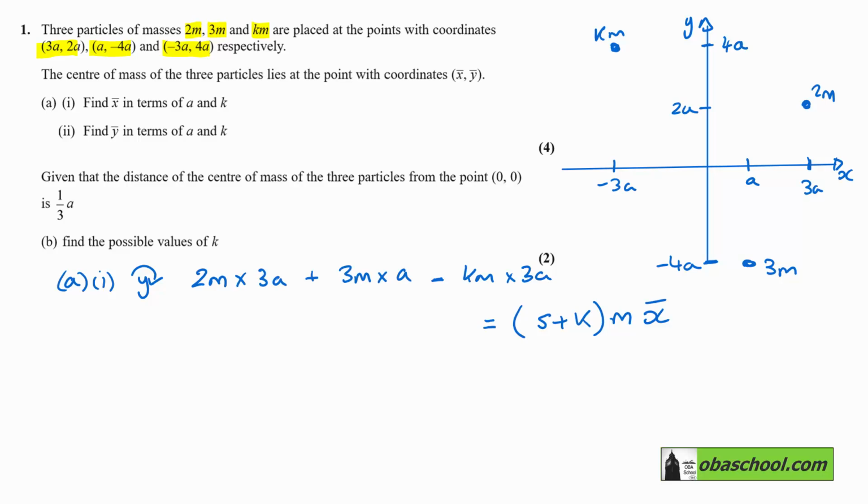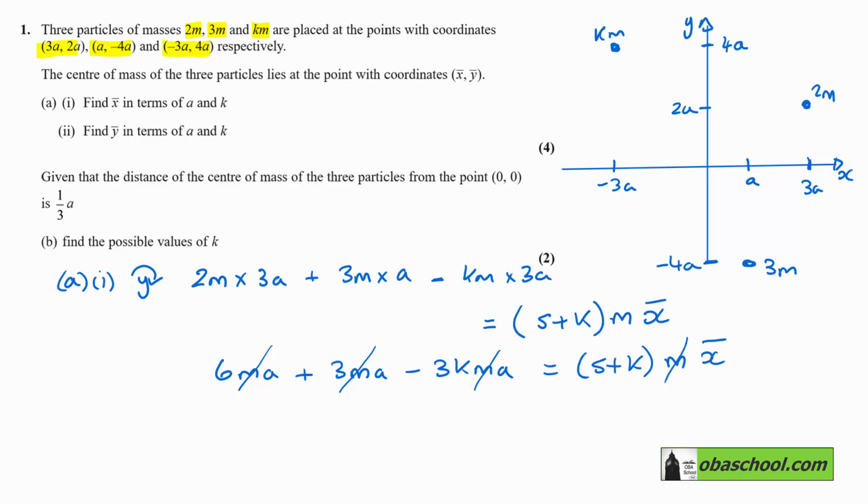So we get 6ma plus 3ma minus 3kma equals 5 plus k m x bar. Now we can divide through by m.